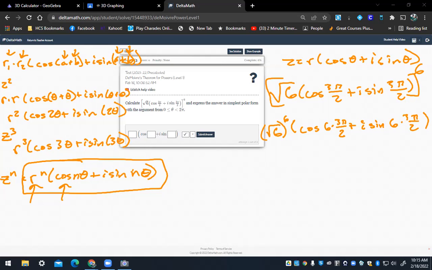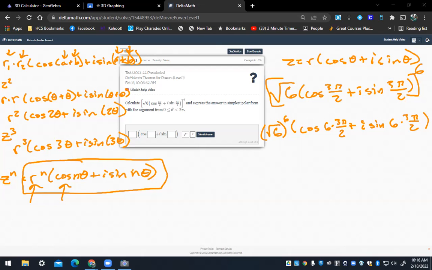If I do the square root of 6 to the 6th, what number is that going to end up being? That is correct, but you can check it. It's just 6 cubed, right? Because root 6 times root 6 is 6, so there would be 3 sets of those.